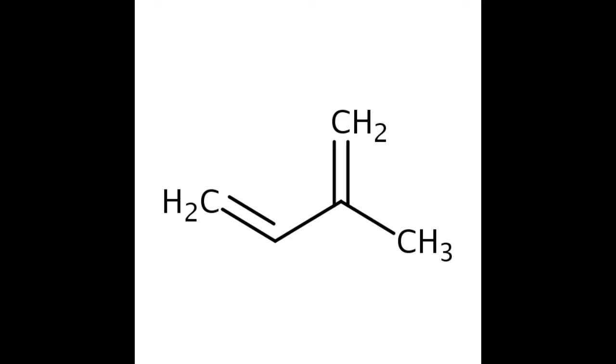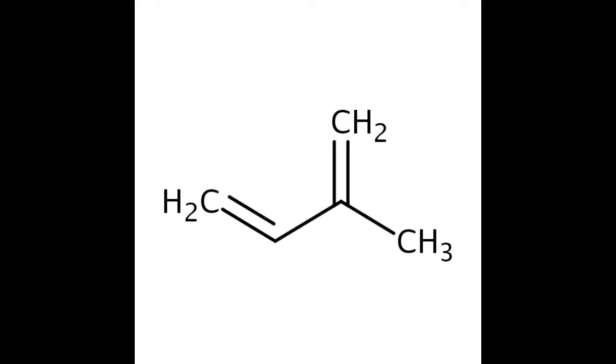So what are basically isoprene units? Before you go into monoterpenes, you have to know what isoprene units are. Isoprene units are basically an organic compound that is found in plants, and it has a molecular formula CH2 double bond C CH3 CH double bond CH2, and it is a colorless, unsaturated, volatile compound.